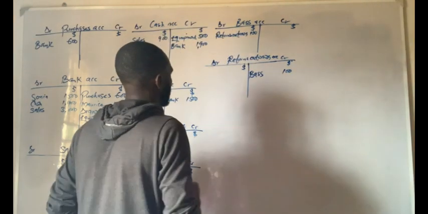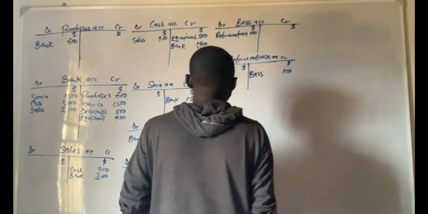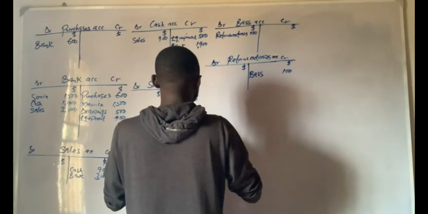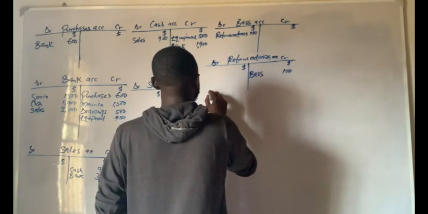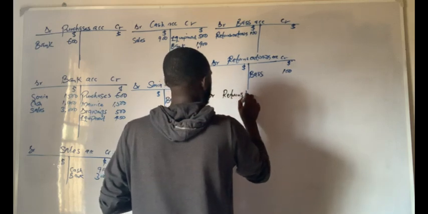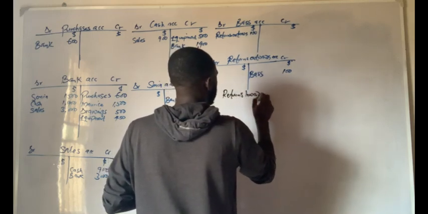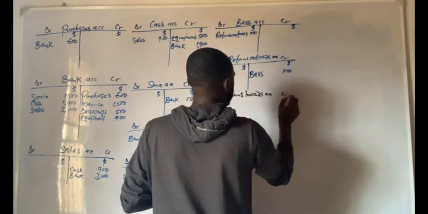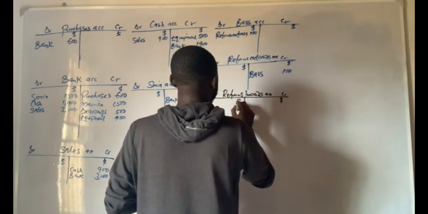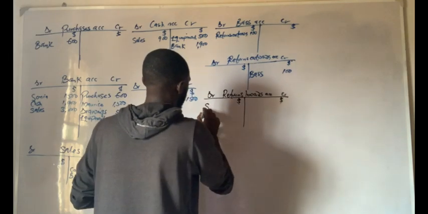It's okay, it's fine. So essentially here I now have returns inward, debit. I have the returns inward account, credits, which we have: one, we have Smart.